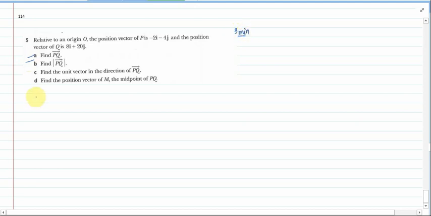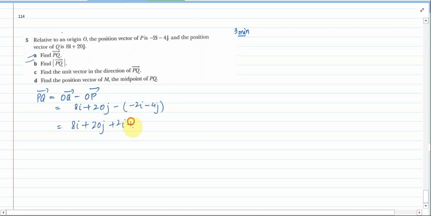Alright, for vector PQ, you know that the working formula is OQ minus OP. So OQ is 8i plus 20j, minus OP, which is minus 2i minus 4j. If you open the bracket, it's 8i plus 20j plus 2i plus 4j. 8i plus 2i is 10i, plus 24j, that is your vector PQ.